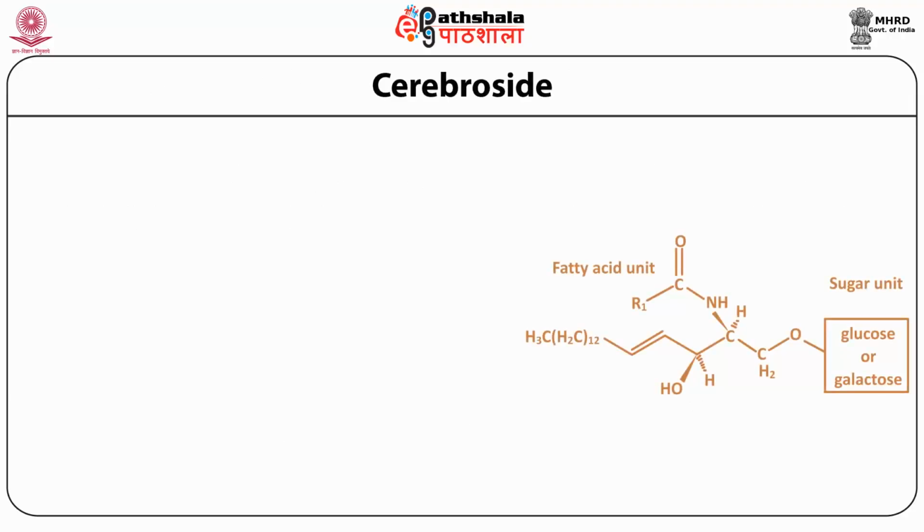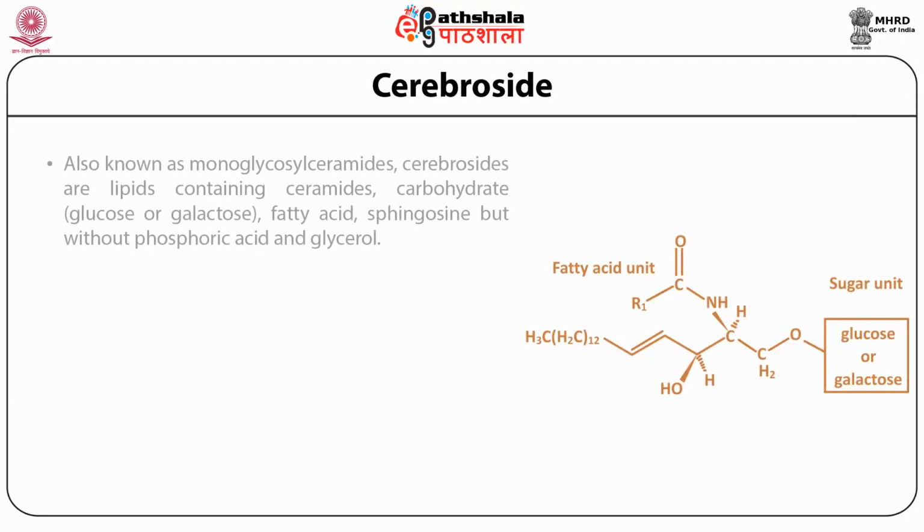Cerebrosides, also known as monoglycosyl ceramides. Cerebrosides are lipids containing ceramides, carbohydrate which is either glucose or galactose, fatty acid, sphingosine, but without phosphoric acid and glycerol.